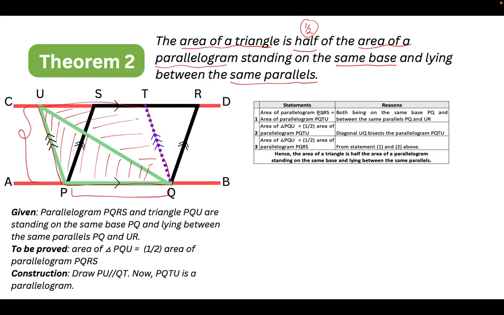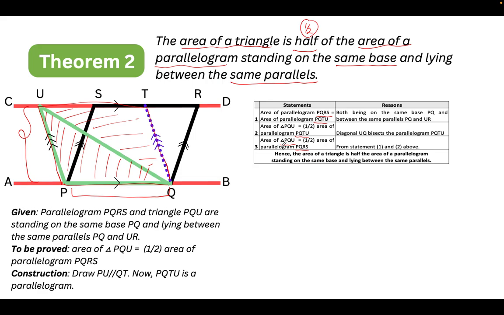Here what we have already written is PQRS is equal to PQTU. So we will replace PQTU in the second statement and write PQRS, because we can write PQRS and PQTU the same since they have equal area. So from this, the area of triangle PQU is equal to half the area of parallelogram PQRS.